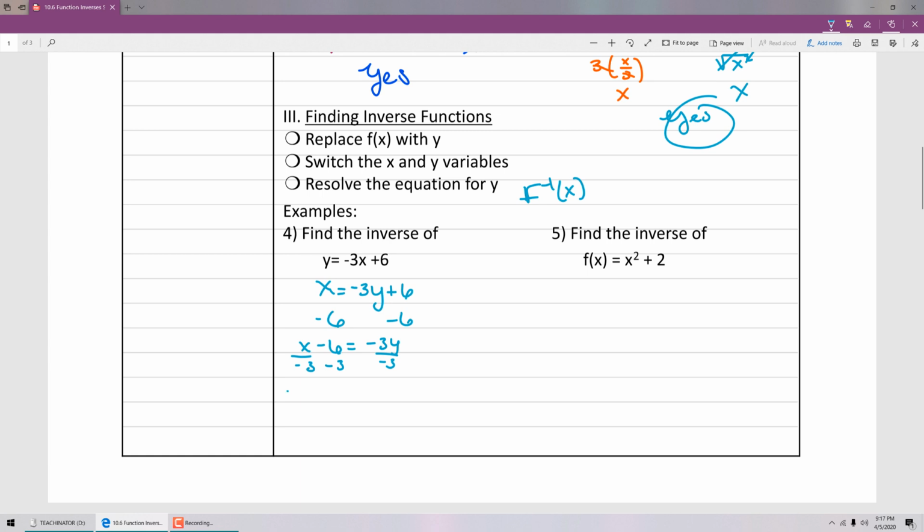So I'm going to have -1/3 x plus 2 equals y. Then we're going to rewrite this as f of the inverse of x equals -1/3 x plus 2. Alright, let's try the next one.